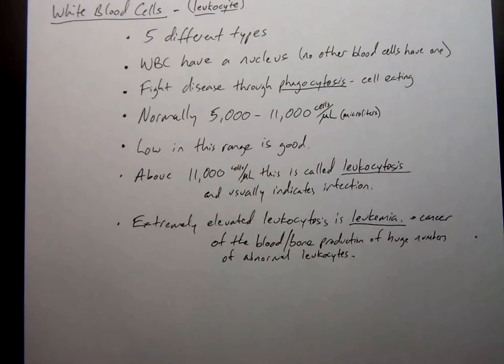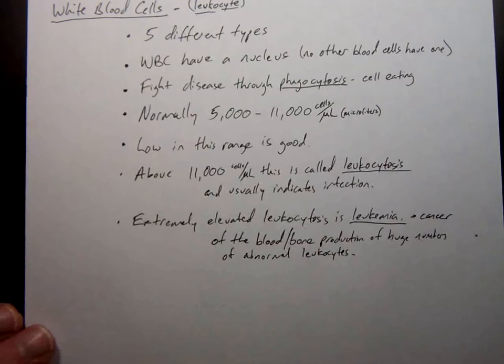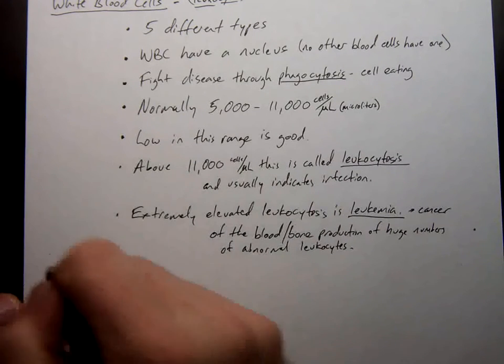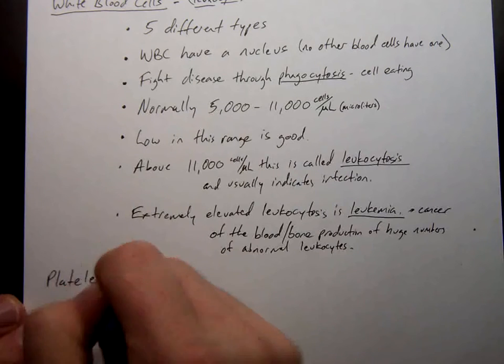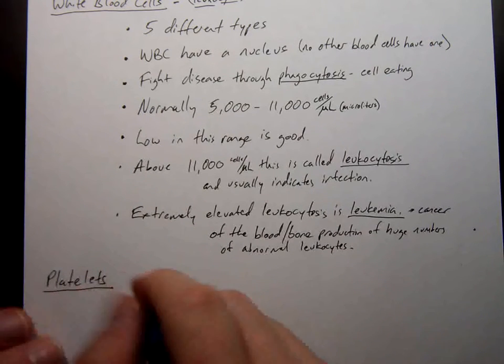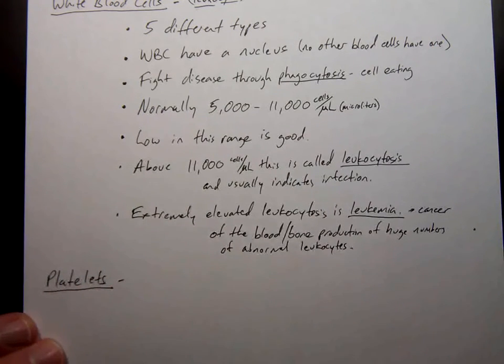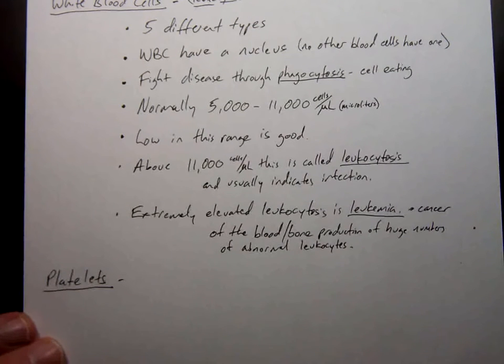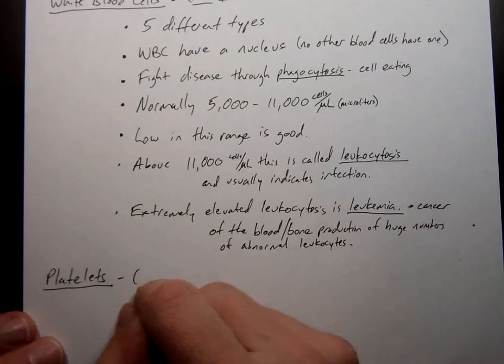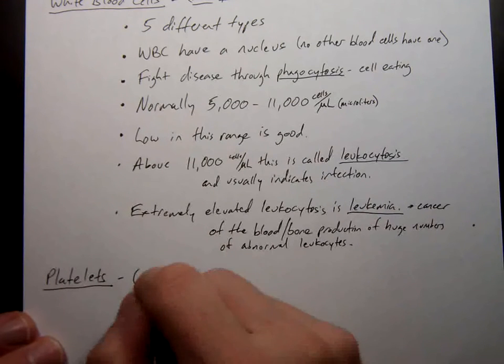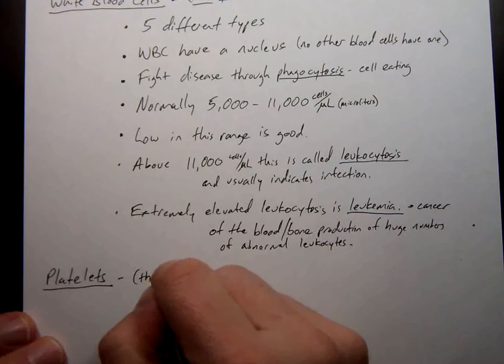All right. Next one on our list is platelets. Platelets are known as what kind of cell? They clot in blood. In fact, that's what this name means. Thrombocyte.